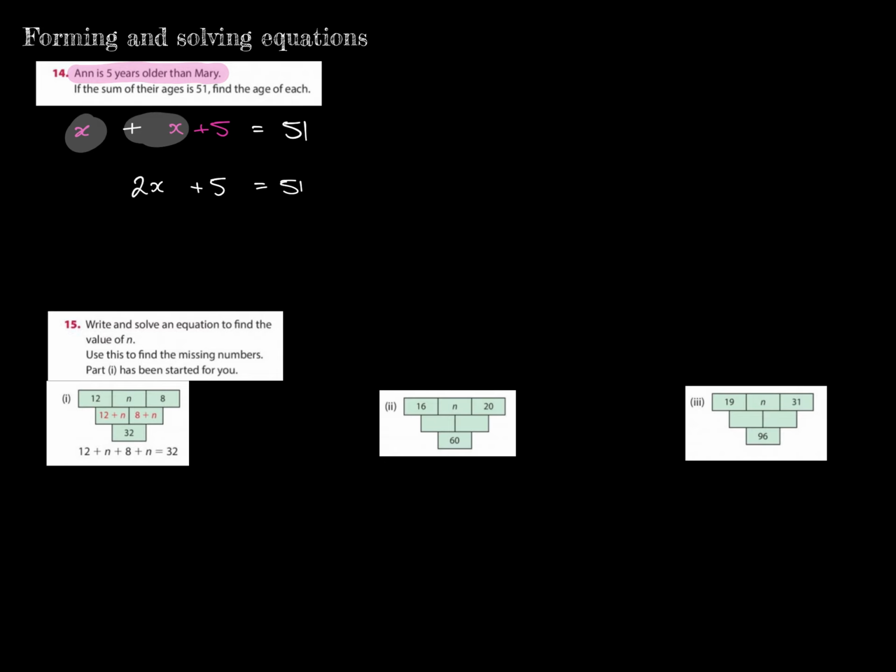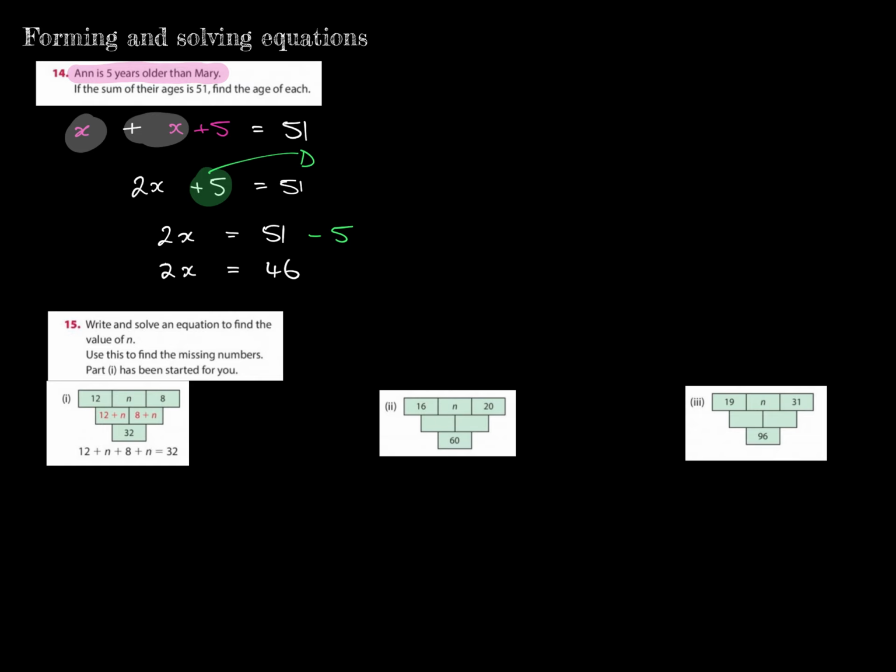To solve that equation, we're going to take our numbers to the right hand side, so that our x's are by themselves. So we've got 2x equals 51, and obviously if I bring that 5 across, it'll be a negative 5. So 2x will be equal to 46.